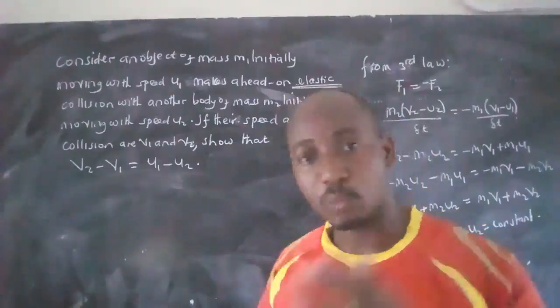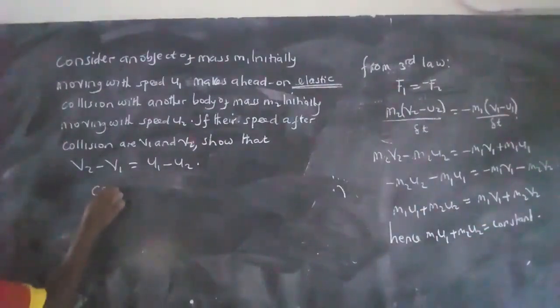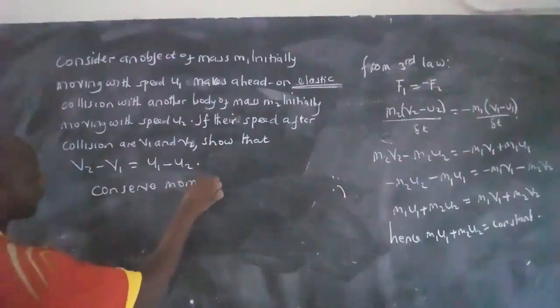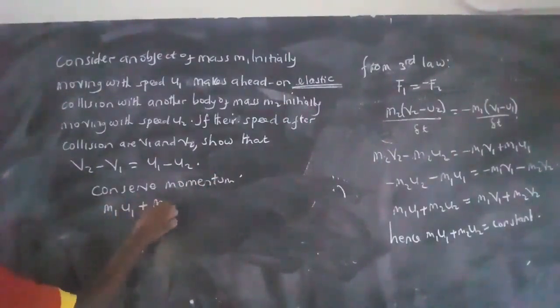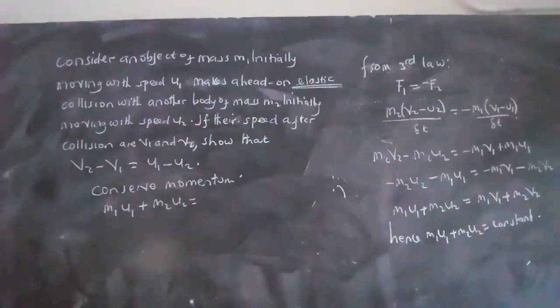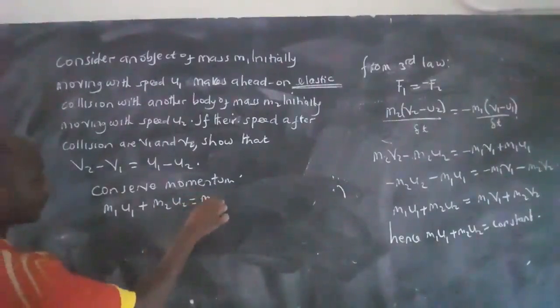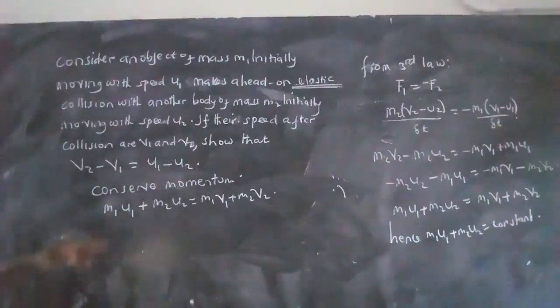So the first thing is we are going to conserve momentum. So we shall say that m1 u1 plus m2 u2 is equal to m1 v1 plus m2 v2. But we are eliminating masses, so we can put the similar terms to one side.